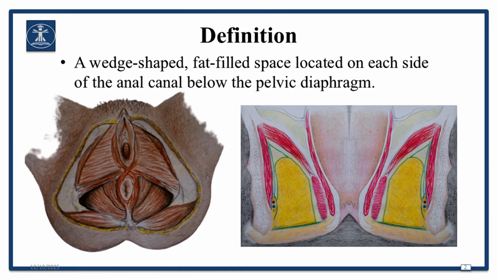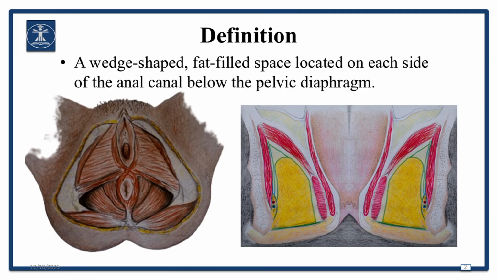On your screen, we have two images, one on the right and the other on the left. The one on the right shows a coronal section through the pelvic region, and on the left side we have another image that is showing the floor of the diaphragm viewed from the pelvic outlet.